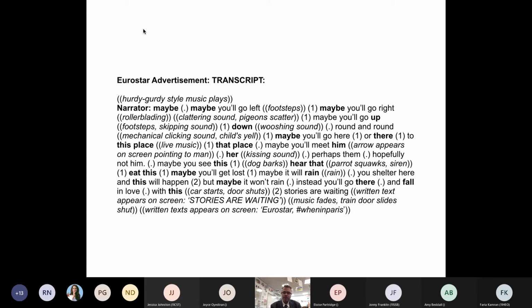Music plays. Maybe you'll go left. Maybe you'll go right. Maybe you'll go up, down, round and round. Maybe you'll go here or there, to this place, that place. Maybe you'll meet him, her, perhaps them.